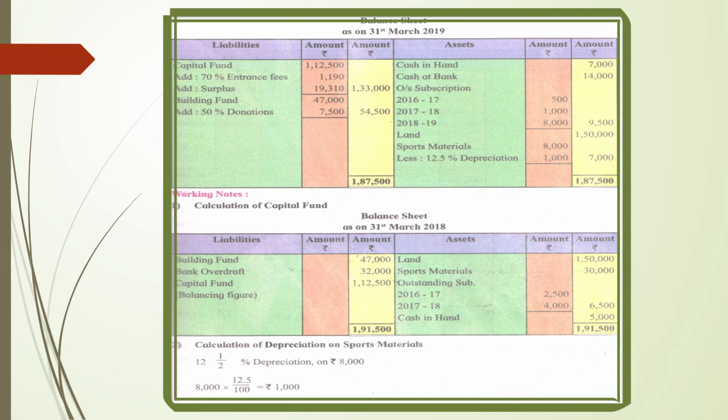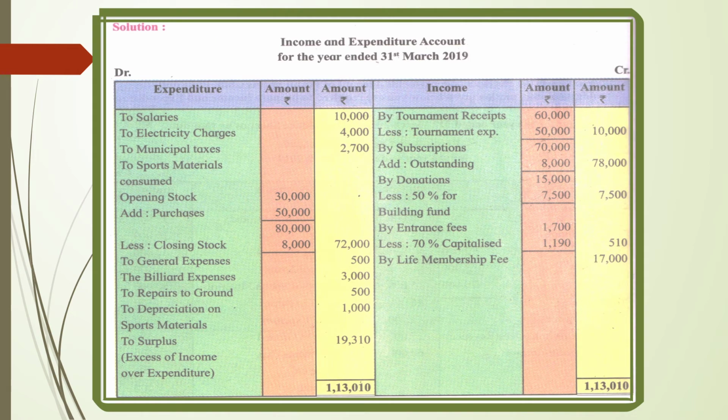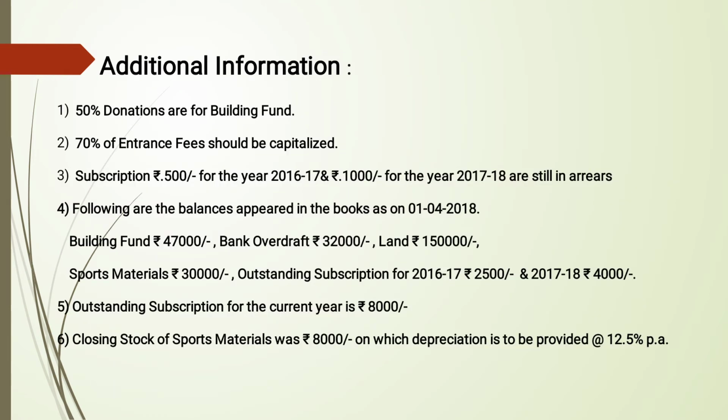The next item of the receipt and payment account is donations, that is 15,000. See adjustment number 1. 50% of donations are for the building fund. See, donations are of two types, general and specific. General is treated as revenue and specific donations are treated as capital. So 50% of donations should be capitalized, which is for the building fund.